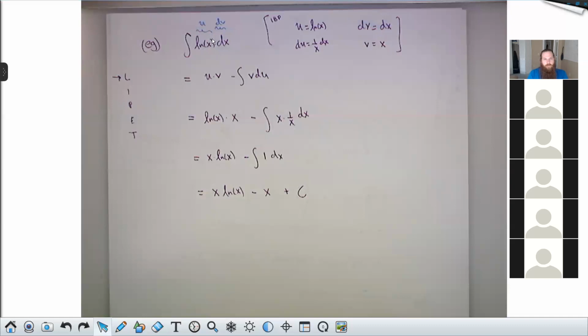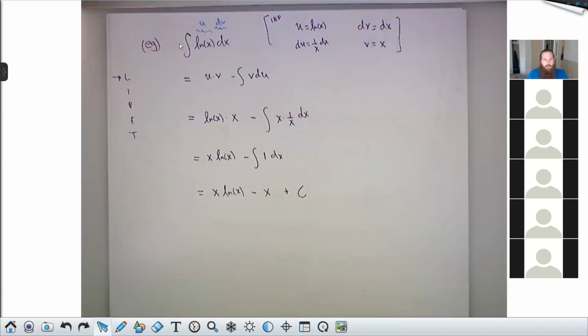Now u times dv is my whole integral. I calculate du from u. The derivative of ln x is 1 over x, so du is 1 over x dx. And I calculate v from dv. Since dv is equal to dx, if you integrate on both sides, you get v equals x.